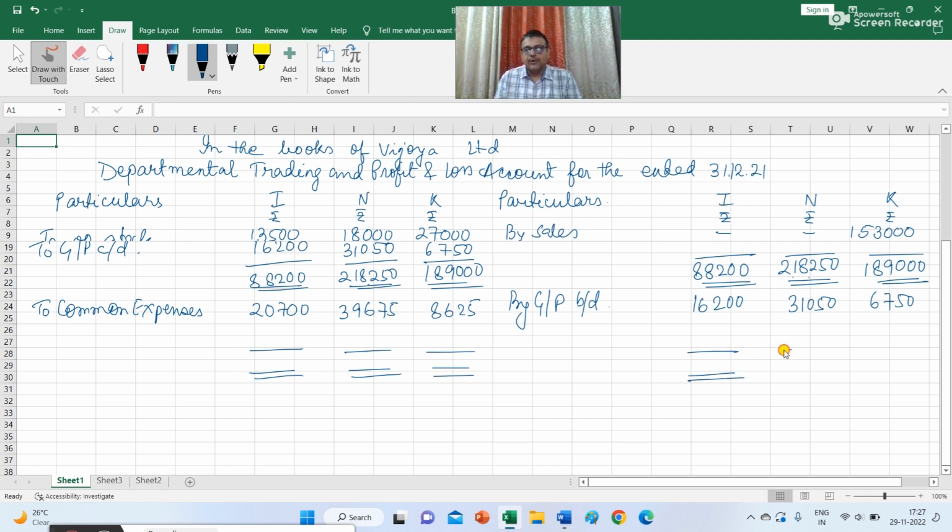The net loss is 4,500 for Department I, 8,625 for Department N, and 1,875 for Department K. This will be the balancing figure. So 20,700 is the amount that I have to record on the debit side of Department I, 39,675 for Department N, and 8,625 for Department K.